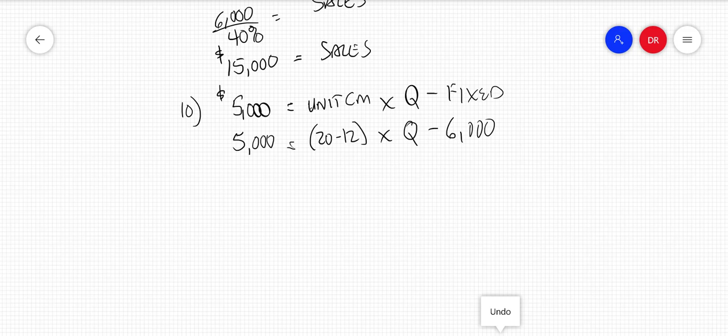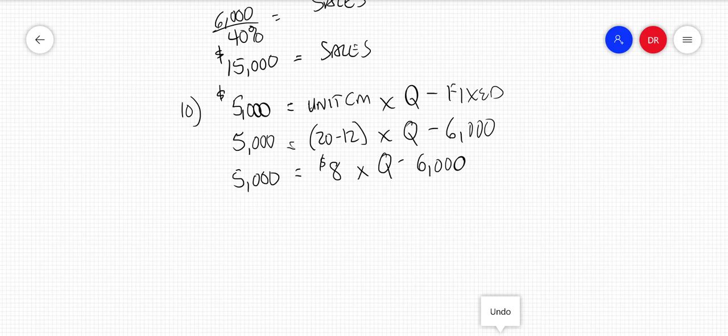When we go through this, we have an $8 contribution margin per unit times Q minus 6,000. That's equal to 5,000. We move the 6,000 to this side.